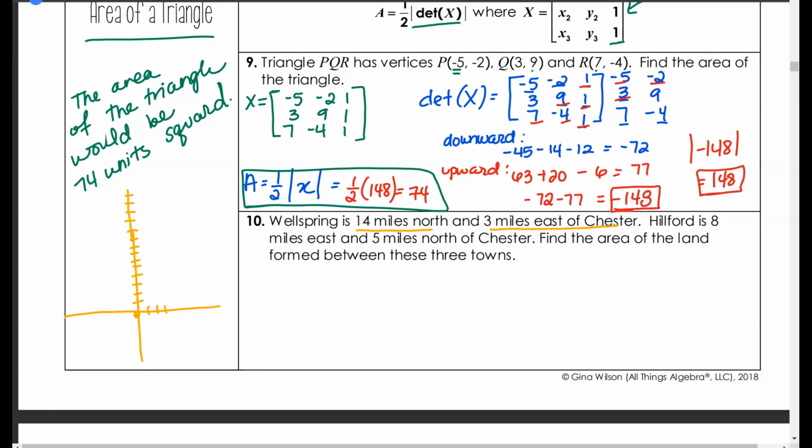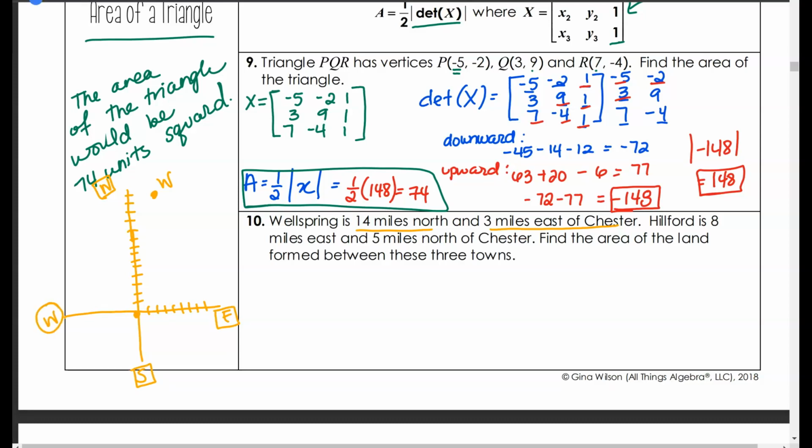So at 3 and 14, this is where Wellspring would be. And then lastly, Hilford is 8 miles east and 5 miles north. So 8 miles east, so 1, 2, 3, 4, 5, 6, 7, 8. So this is east, north, south, and then west. Okay.